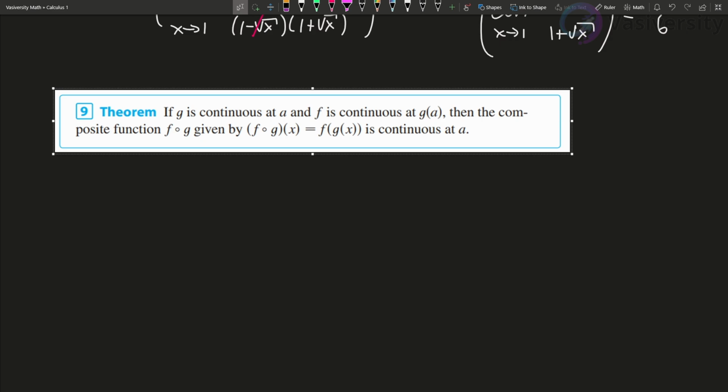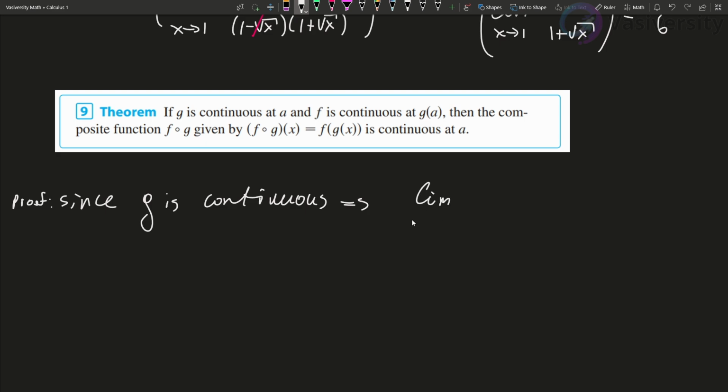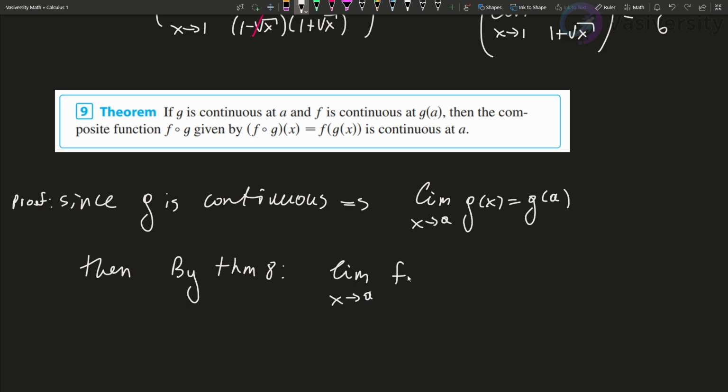Essentially, we can say that since g is continuous, the limit exists, and then by theorem 8, this is our little proof here, the limit as x approaches a of f of g of x is equal to f of g of a.